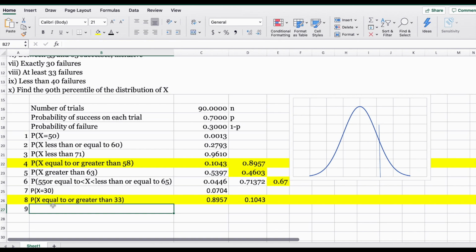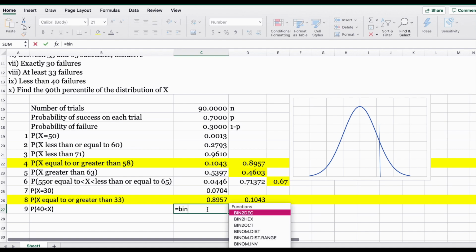Question number 9 is asking us to find the probability of x when it is less than 40 failures. So another way to write this is probability of x when it is less than 40. So again, we can use our binomial dist function. This calculation is pretty straightforward.